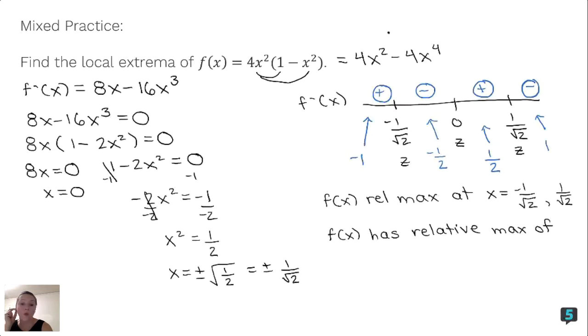Okay, so what am I going to end up getting for a y value? My x value looks a little crazy, but my y value is actually going to come out really nicely.